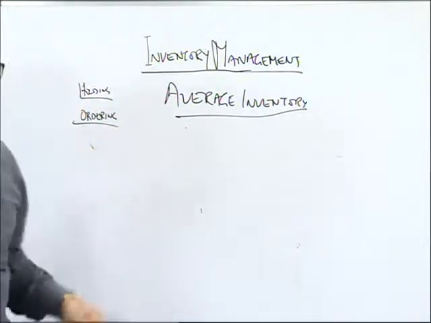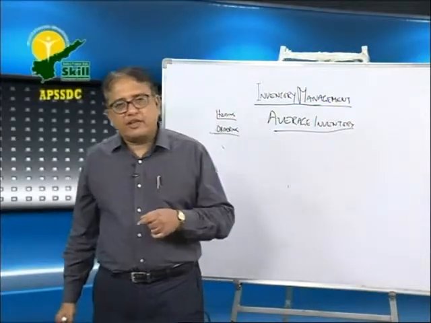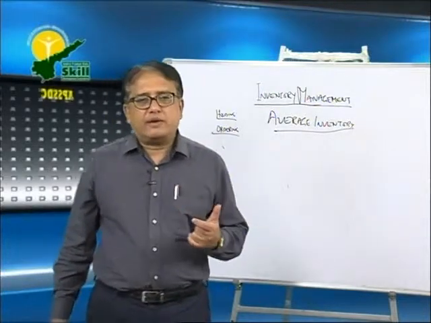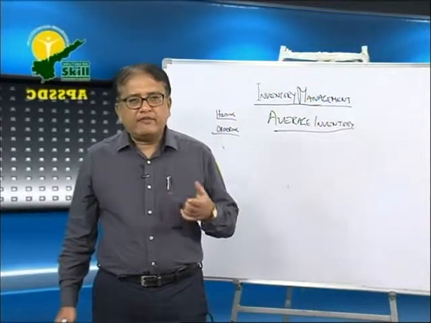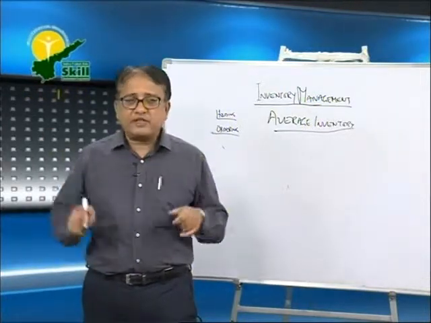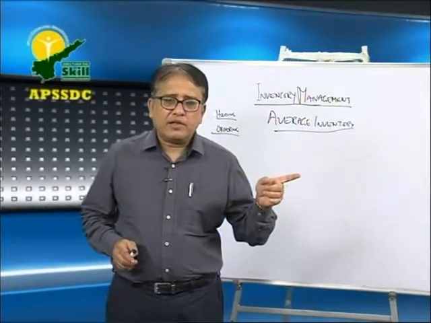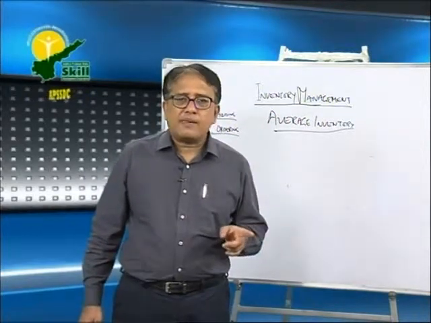Now, what does ordering cost mean? Ordering cost means every cost that is incurred. Some companies advertise in the paper and invite tenders, invite quotations from different suppliers. That itself is a cost. Processing the order is a cost. There are a few people who are involved in procurement, that is a cost.